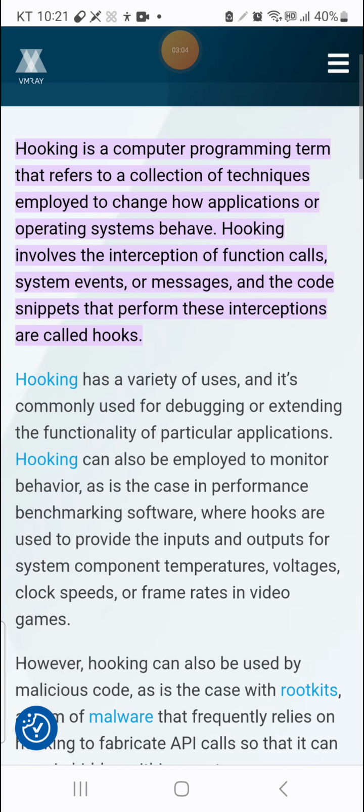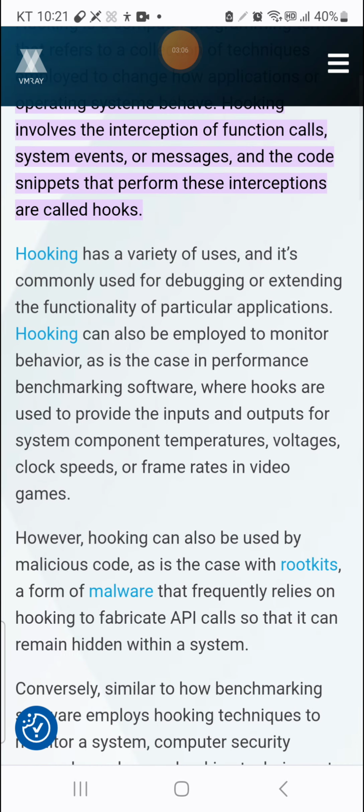Hooking can also be employed to monitor behavior, as is the case in performance benchmarking software, where hooks are used to provide the inputs and outputs for system component temperatures, voltages, clock speeds, and frame rates in video games.